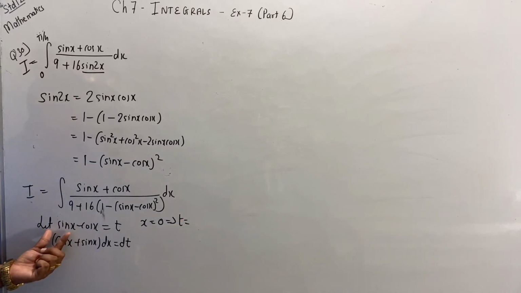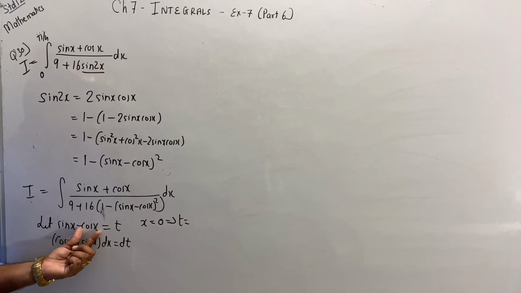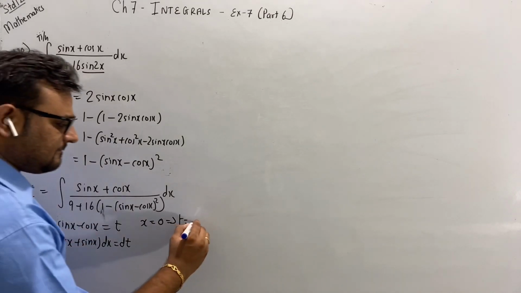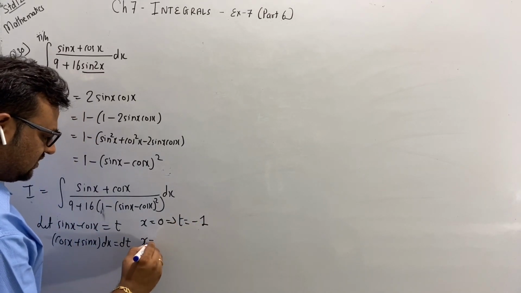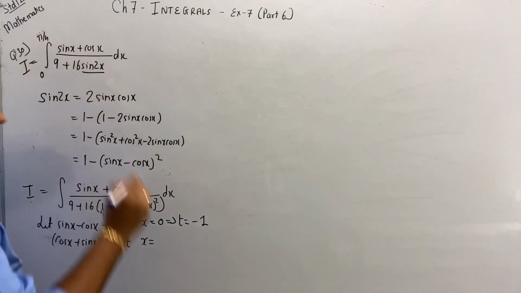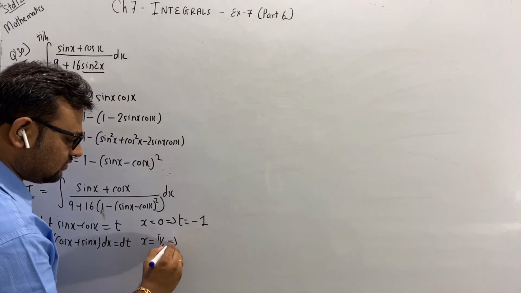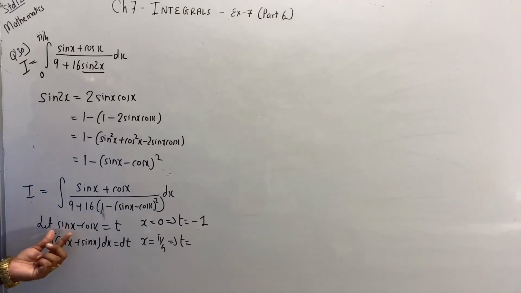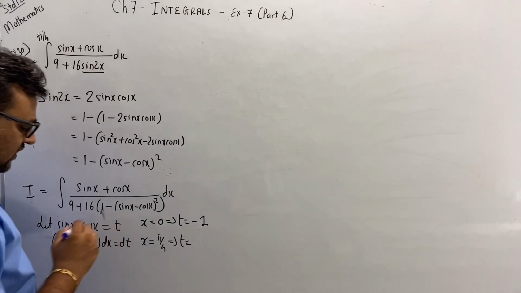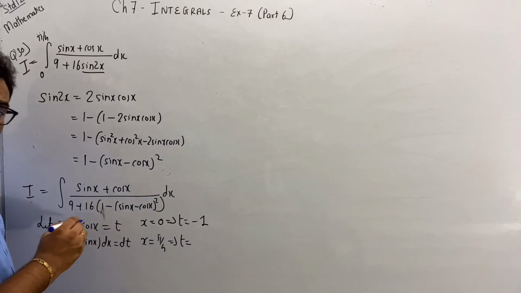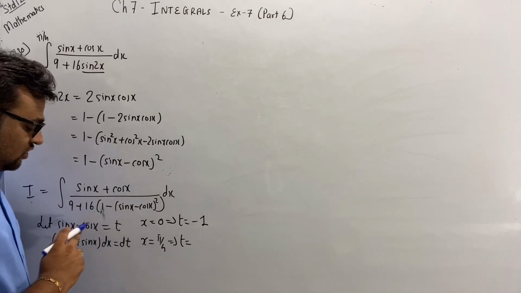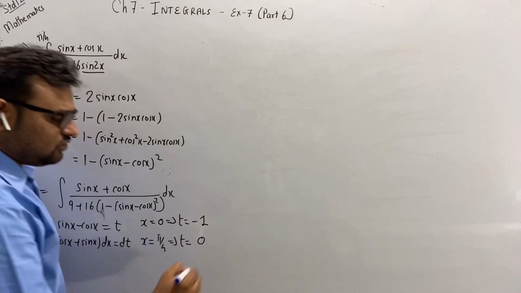Sin 0 is 0 and cos 0 is 1, so 0 minus 1 is minus 1. When x is equal to pi by 4, sin pi by 4 is 1 by root 2 and cos pi by 4 again is 1 by root 2, so 1 by root 2 minus 1 by root 2 is 0.